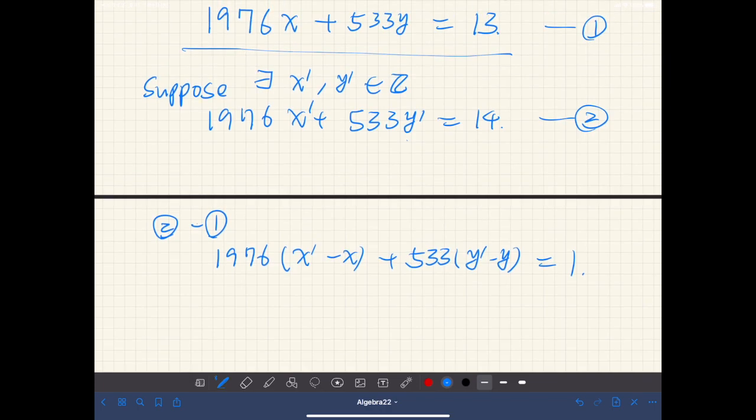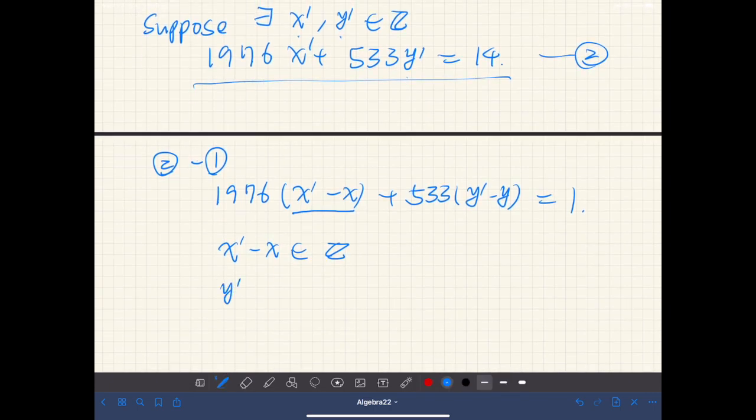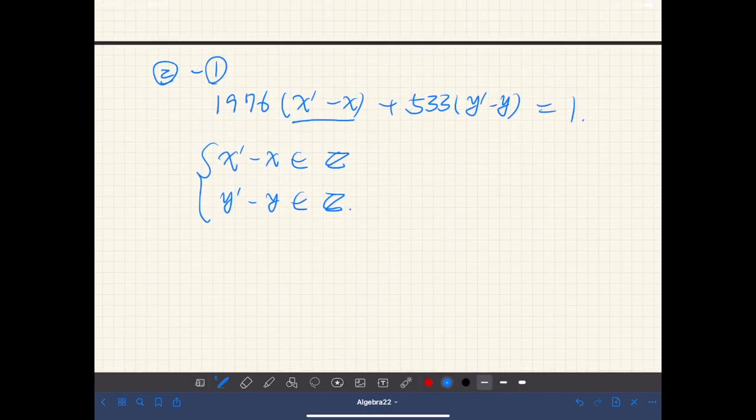So if there are integers x prime and y prime such that this is true, then x prime minus x is an integer, and y prime minus y is also an integer.